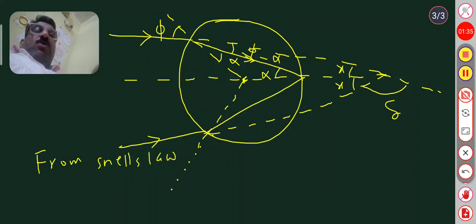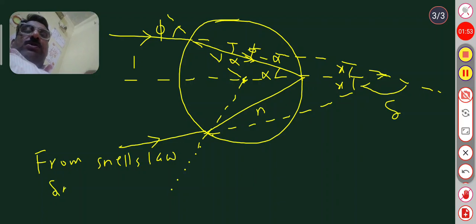if you use Snell's law at the front surface, the refractive index on the outside is 1, and the refractive index of the medium inside is n. So from Snell's law you can write that 1 times sine phi is equal to n times sine alpha.